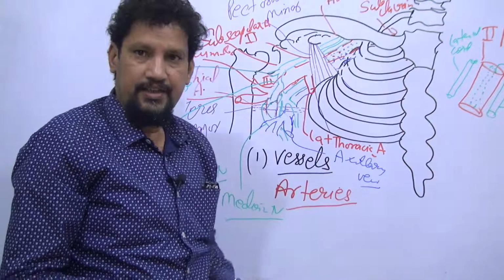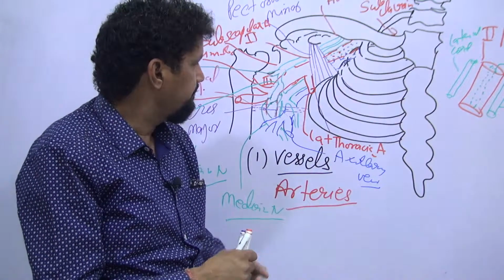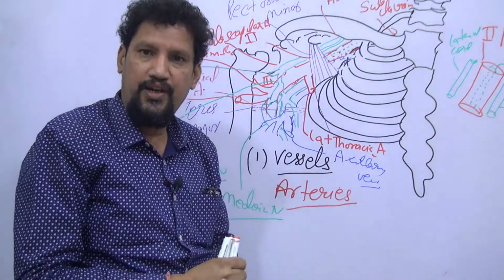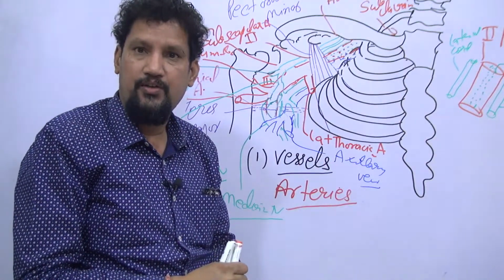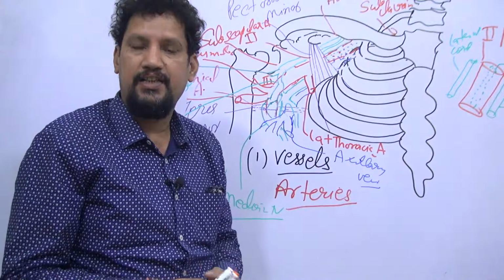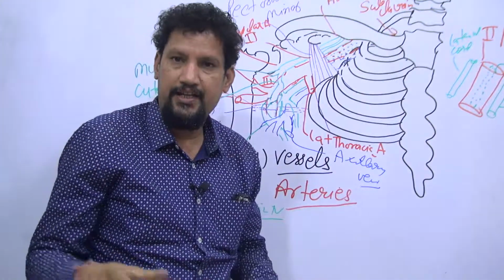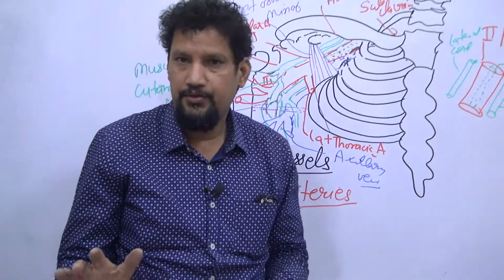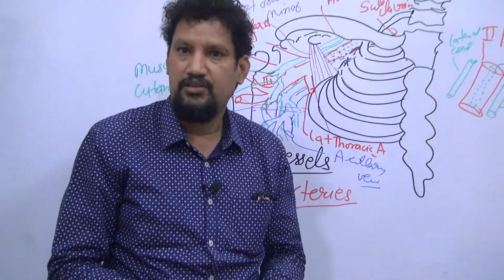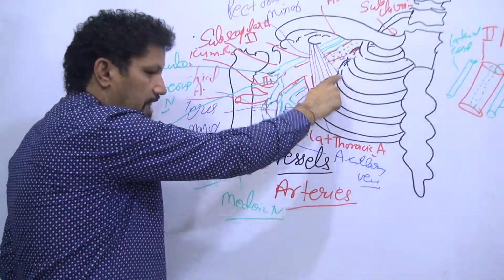The axillary artery is enclosed in the axillary sheath, which is the continuation or modified part of the prevertebral fascia, but the vein is outside the axillary sheath, because when there is increased venous return due to physiological conditions like exercise or some pathological conditions, there is expansion of the diameter of the vein.